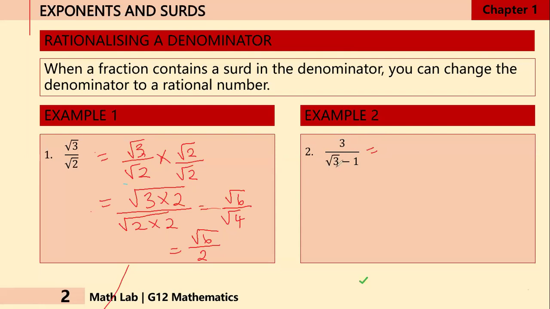So now we want to rationalize 3 over root 3 minus 1. This one is a bit different from number 1. So how do we go about this one?